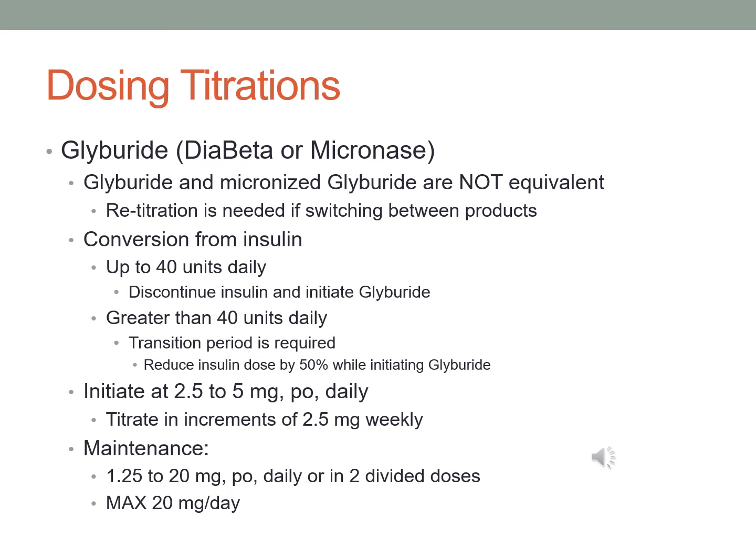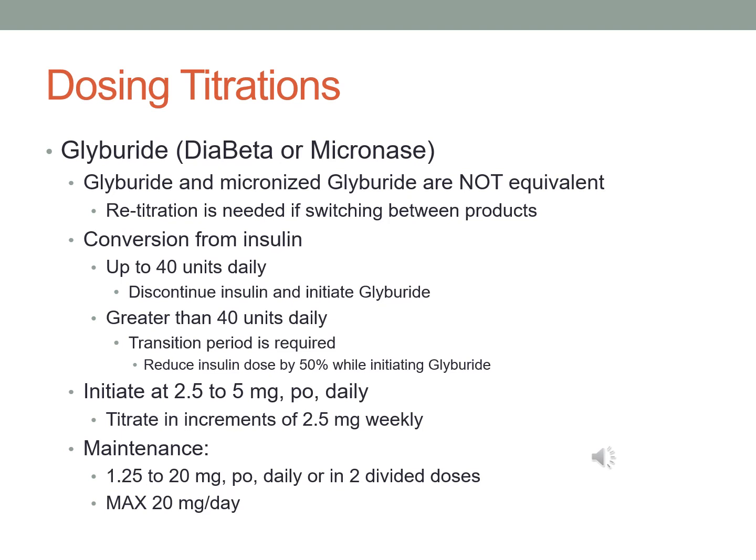Now, if a patient is being converted from insulin to glyburide, there are important points to note. First, if the patient is taking up to 40 units daily, discontinue the insulin and initiate glyburide. There are no transition periods required. If the patient is taking greater than 40 units daily, there is a transition period required.